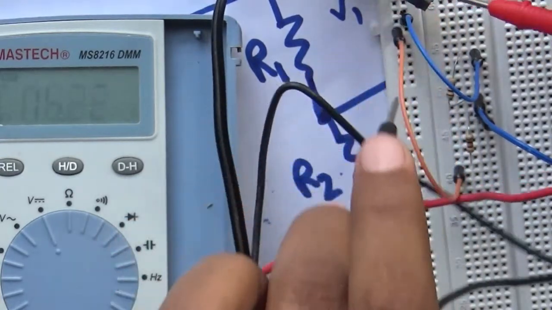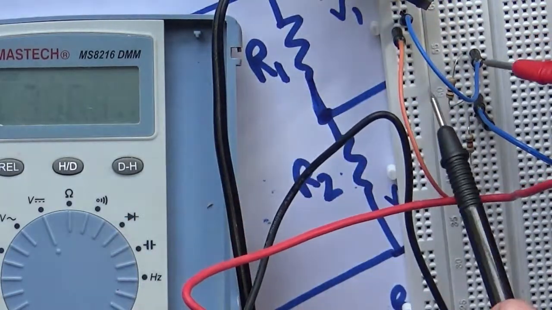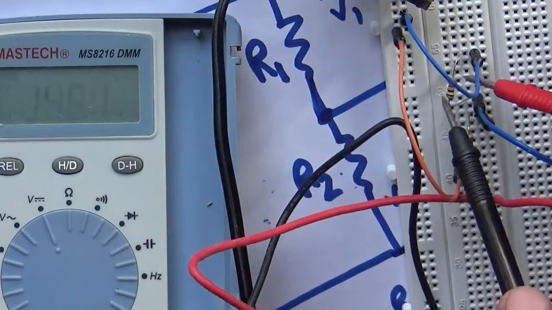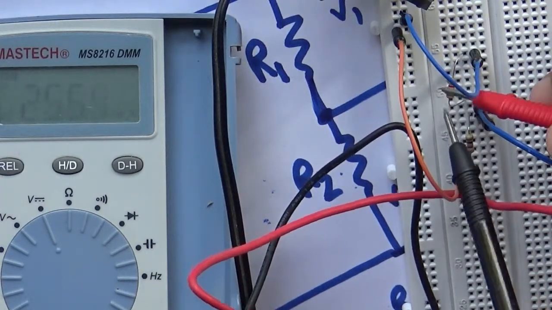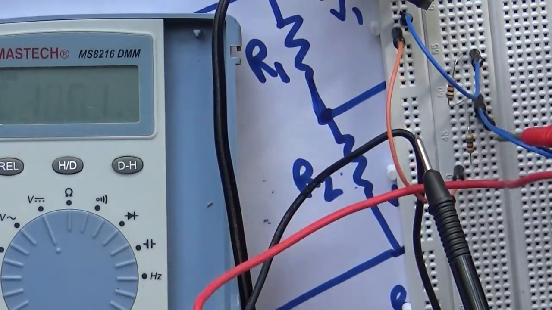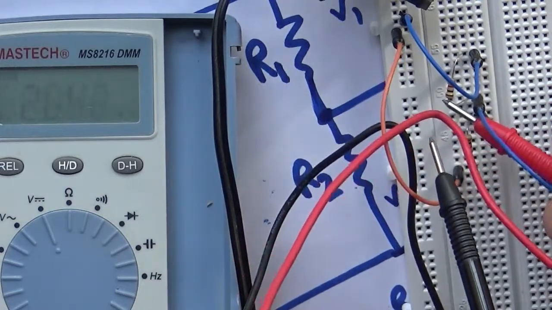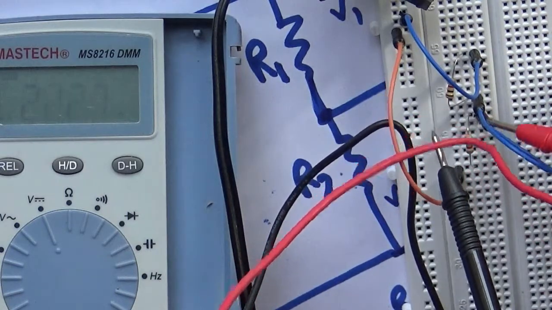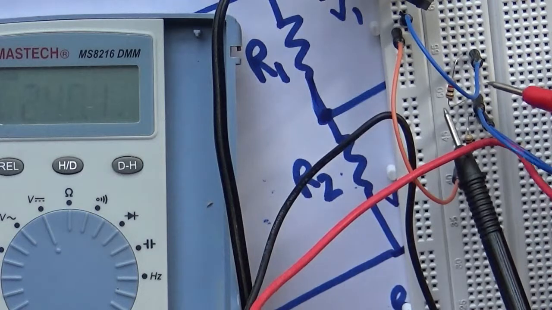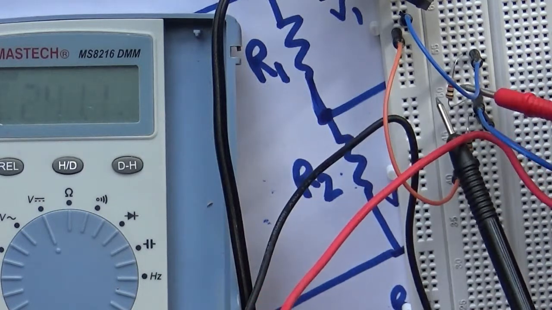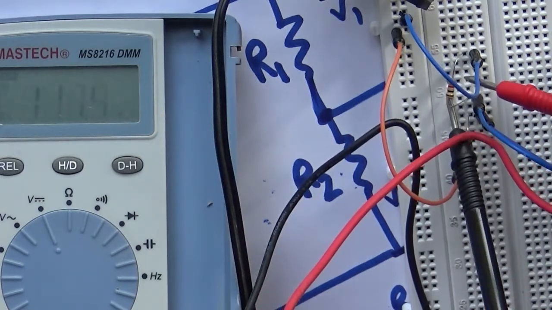14.25. So if we check the voltage across R1 and R2, let's see what this is.